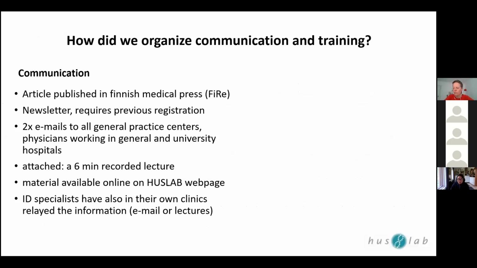How did we organize the communication and the training? For that, I have to say that we had a very good collaboration with the eastern part of Finland, which implemented the new I at the same time that we did. First of all, we wrote an article with FIRE which explained the I definition, and we sent it to everyone who has previously registered for a newsletter.